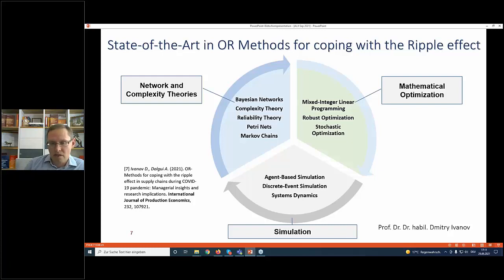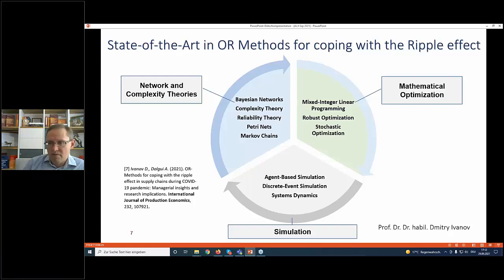When we introduce uncertainties, it can be done with the help of robust optimization or stochastic models. Of course, there are also other methods, like chance constraint optimization, fuzzy optimization, and possibilistic models. All this is in the scope of optimization.